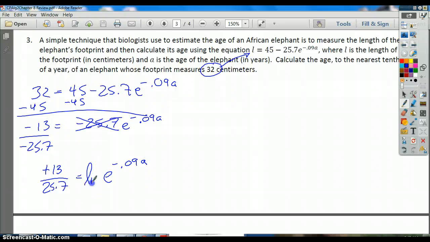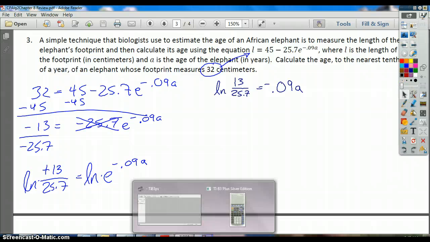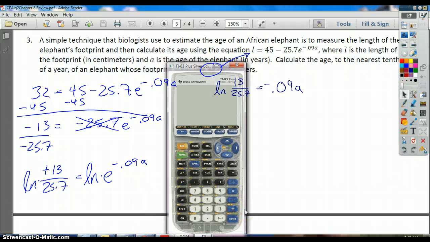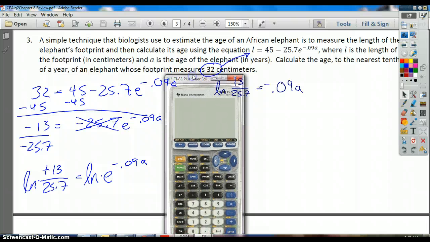So what I'm going to end up with is ln of 13 over 25.7 equals negative 0.09a. And whatever that answer is, when we divide it by negative 0.09, that's what we'll get. So ln of 13 divided by 25.7.